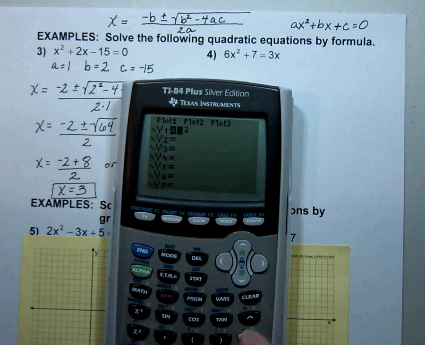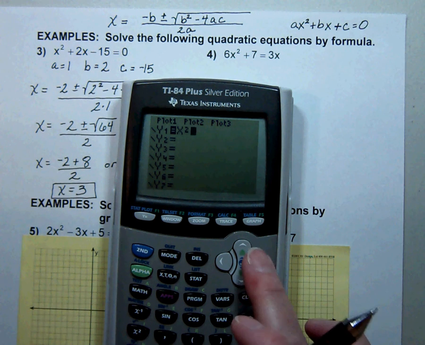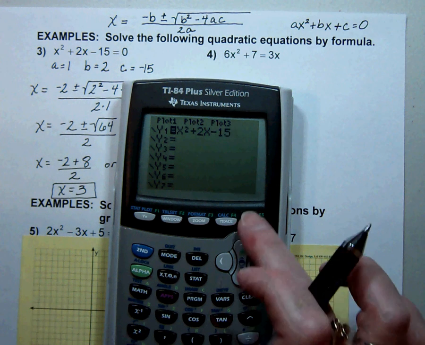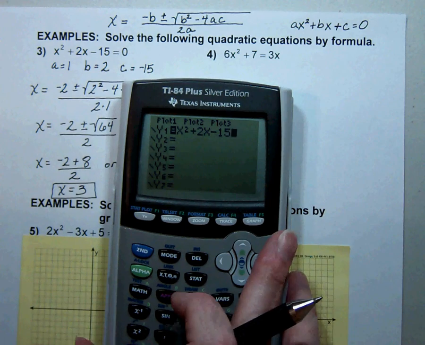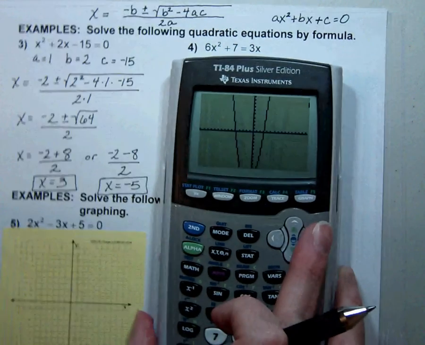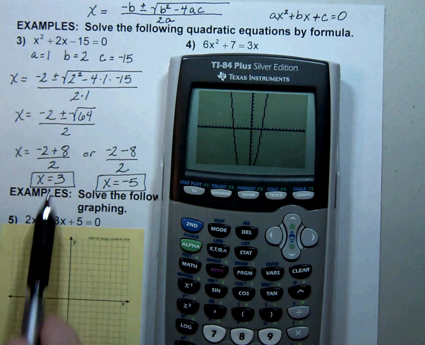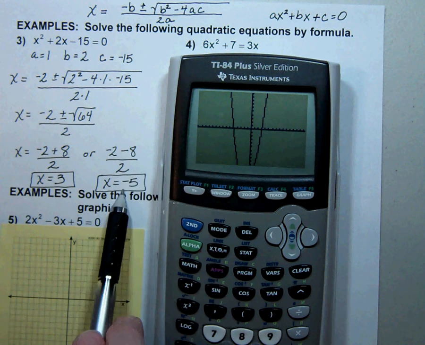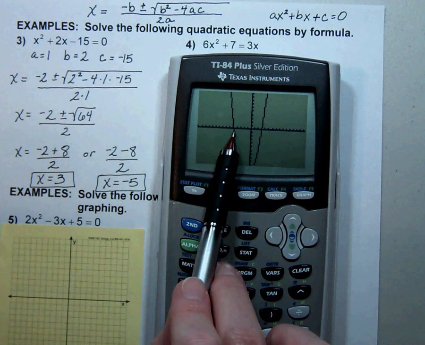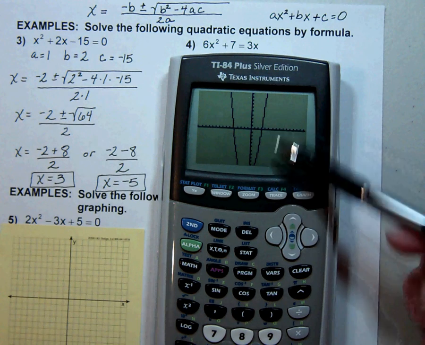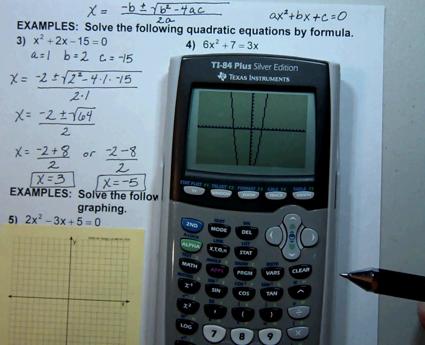If you push y equals on your calculator and you type in the equation, x squared plus 2x minus 15, and you push graph, what we're going to notice is they're going to hit the x-axis at these two solutions. So in the calculator, 3 is one of your x-intercepts, and negative 5 is your other x-intercept. You can't really see the entire parabola, but it is giving you the two solutions to your quadratic.